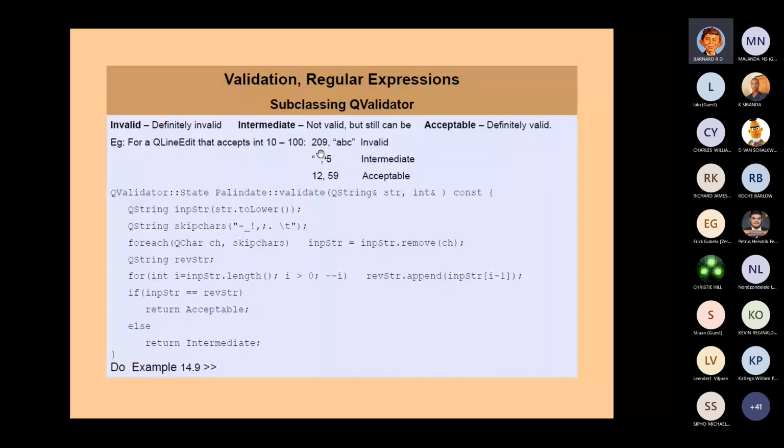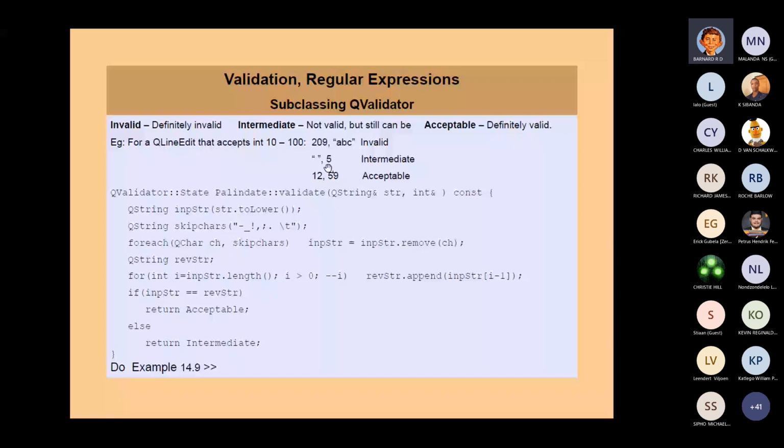There's no way that they can actually become valid. Then a blank space would be intermediate because it is still possible to add digits on there to make it acceptable. Or 5 would be intermediate. For example, adding a 1 or 2 or 3 onto a 5 would make it acceptable because it's within the range of 10 to 100.